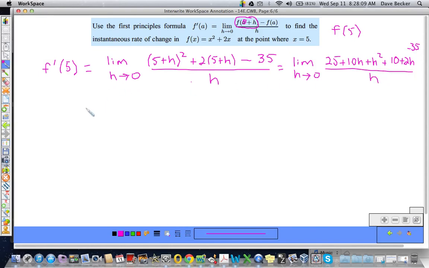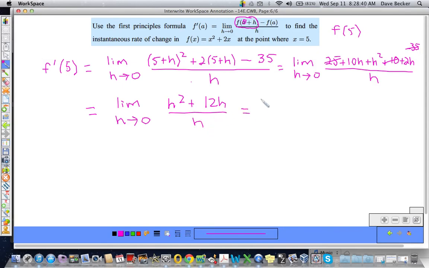Let's clean that up. That equals the limit as h approaches 0 of 25 plus 10 is 35, minus 35 is 0. So I end up with h squared plus 10h plus 2h, which is h squared plus 12h, over h.